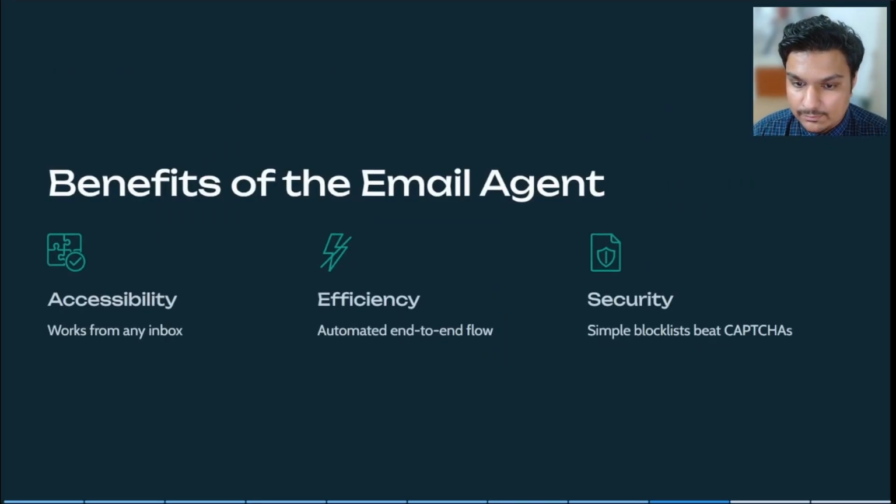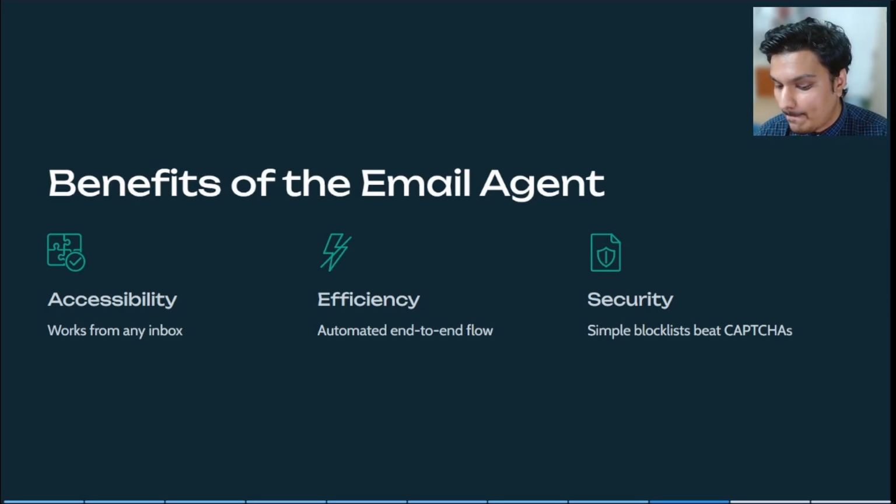Benefits is that it works with any inbox. People have different emails nonetheless, but emails. And sending an email to our support address will just start the process. And it's also efficient. There's no Elastic Beanstalk running 24/7 in the background. There's no need to keep it alive.